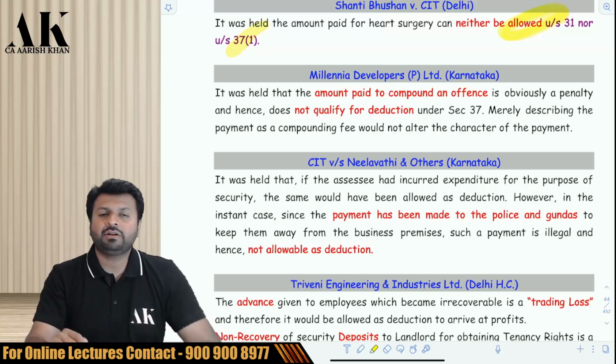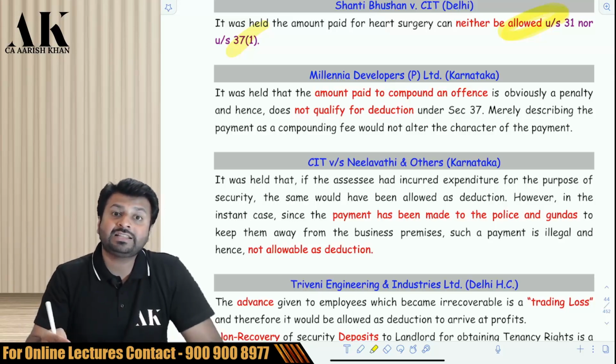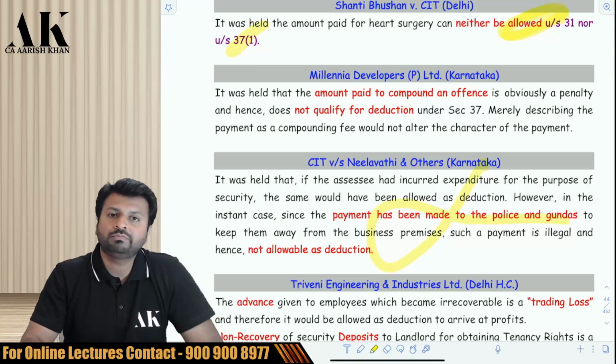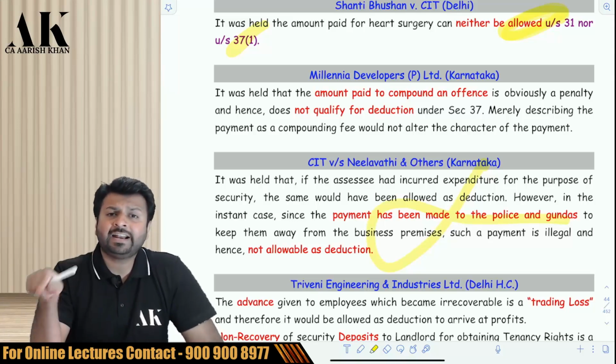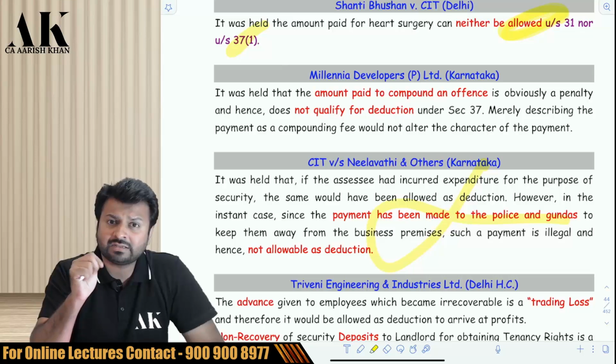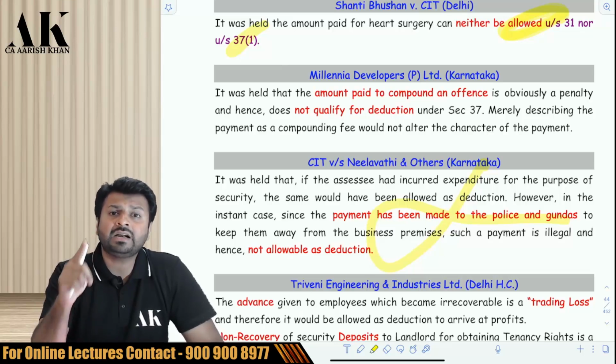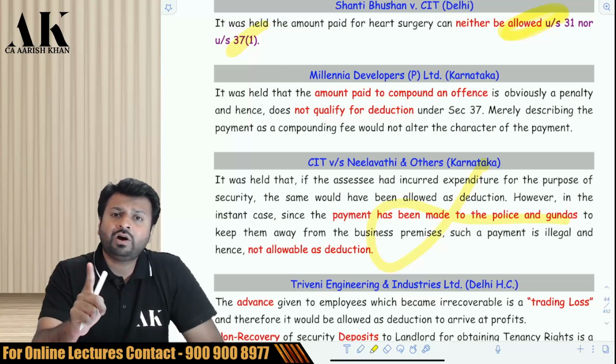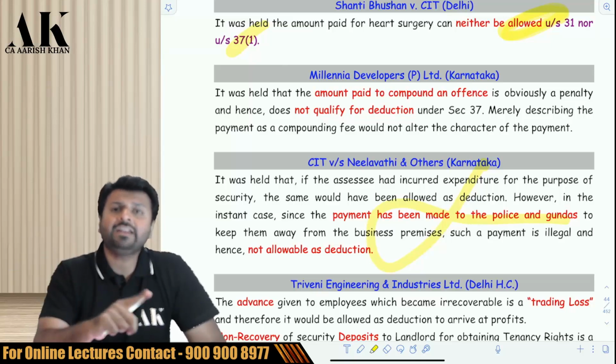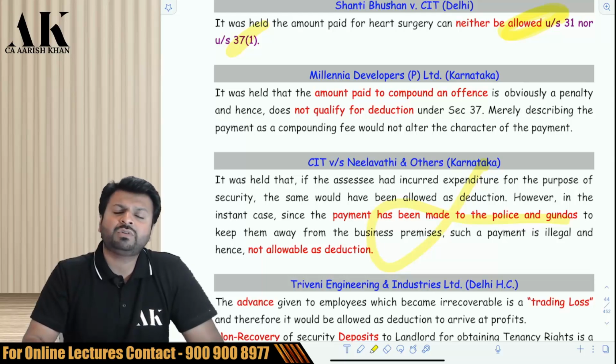So the assessee makes a payment of compounding fee, in the form of penalty. Whether that penalty will be allowed as deduction, the court has held that no. Merely because it is treated as compounding fee does not mean that the assessee has done something correct. The assessee has violated the law of the Karnataka Municipal Corporation Act, and therefore any expenditure incurred for violating a law will not be allowed as deduction in light of Explanation 1 to 37(1).